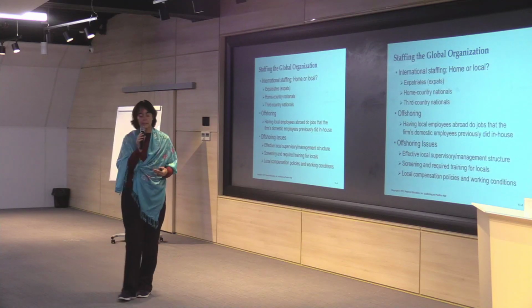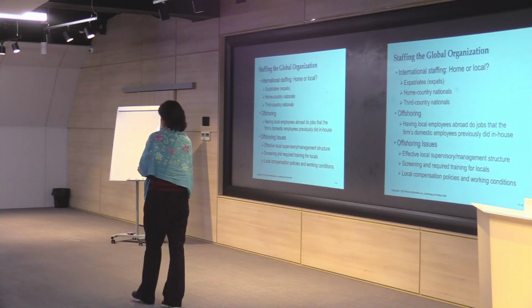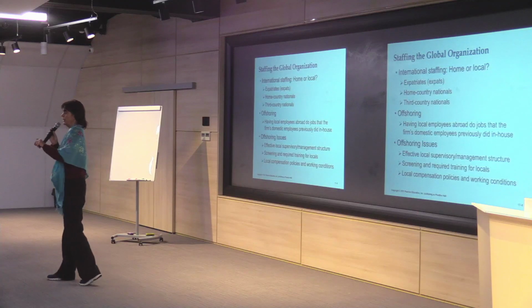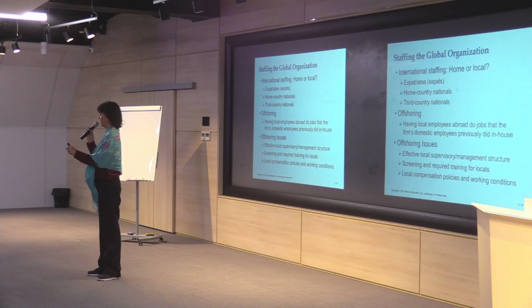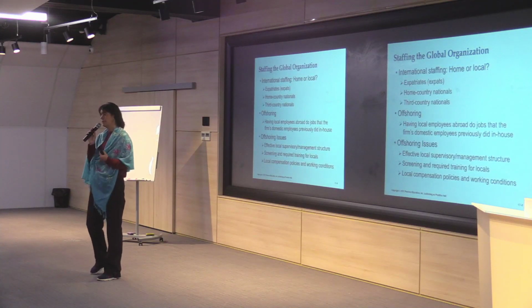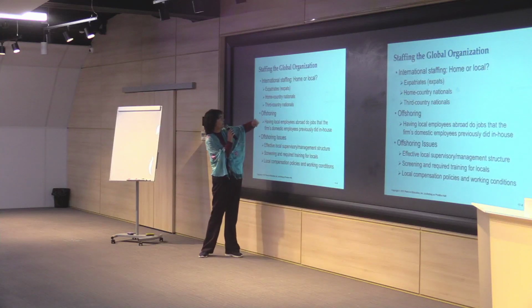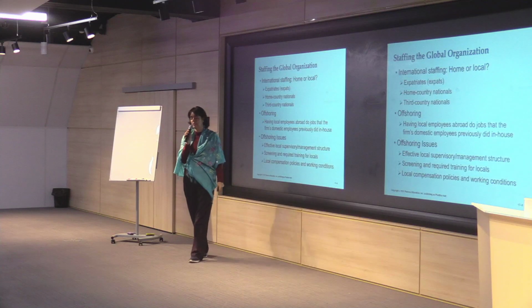Another option is that we can find the best candidate in the host country, meaning if a Russian company is going to Germany, maybe the best candidate will be a person who lives in Germany. So this will be the first one, home country nationals, and then finally the third country nationals.